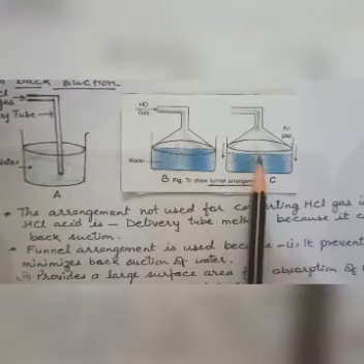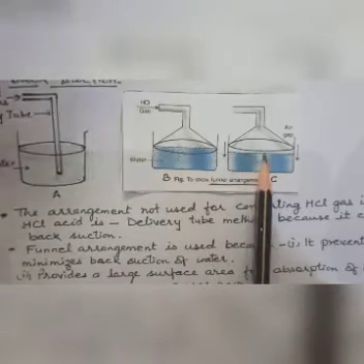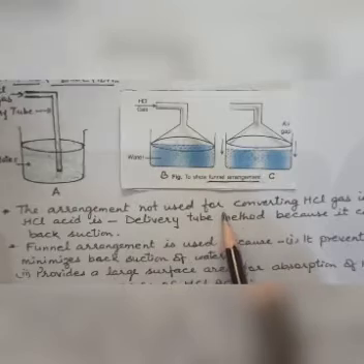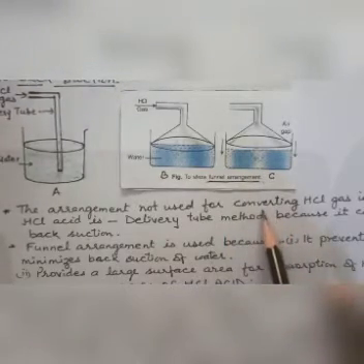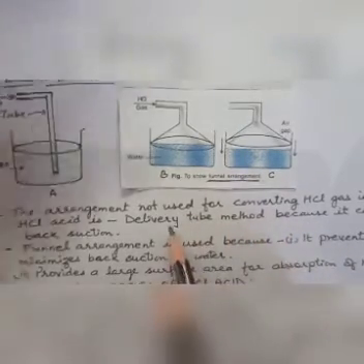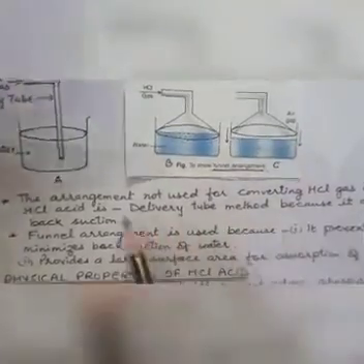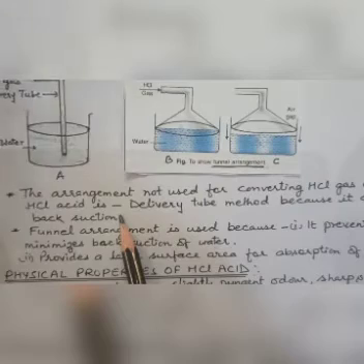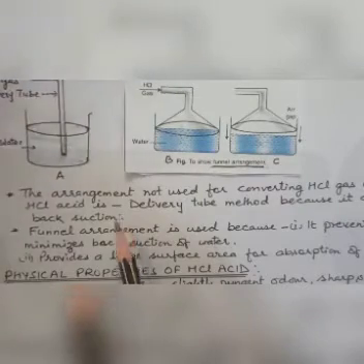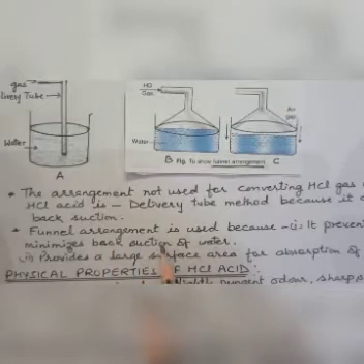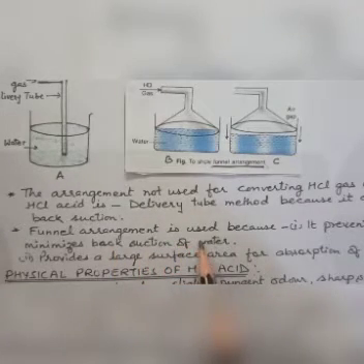Okay, now the question arises: which method don't we use to convert hydrogen chloride gas into hydrochloric acid? We don't use the delivery tube method because it causes back suction, right? Now which method do we use? We use the funnel arrangement method. Why do we use the funnel arrangement method?